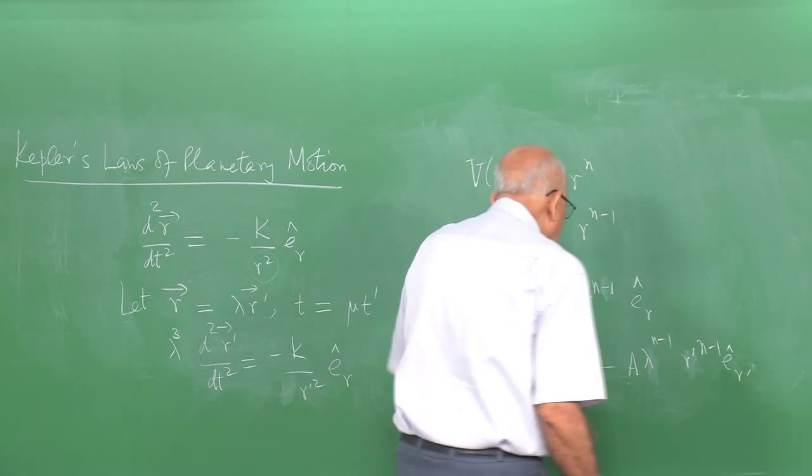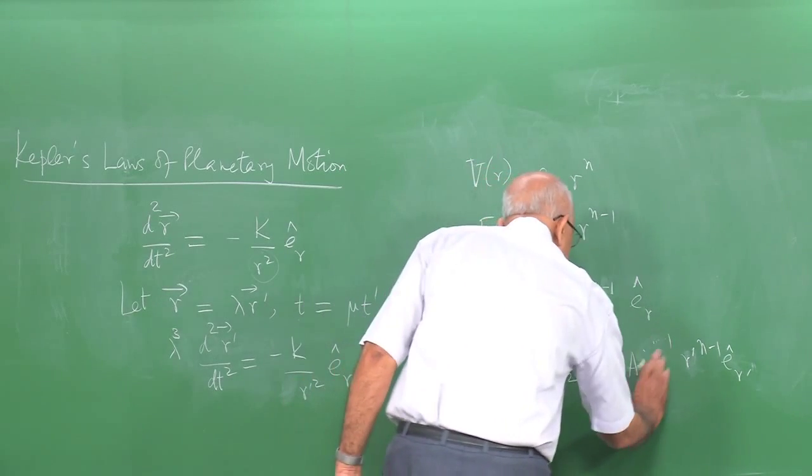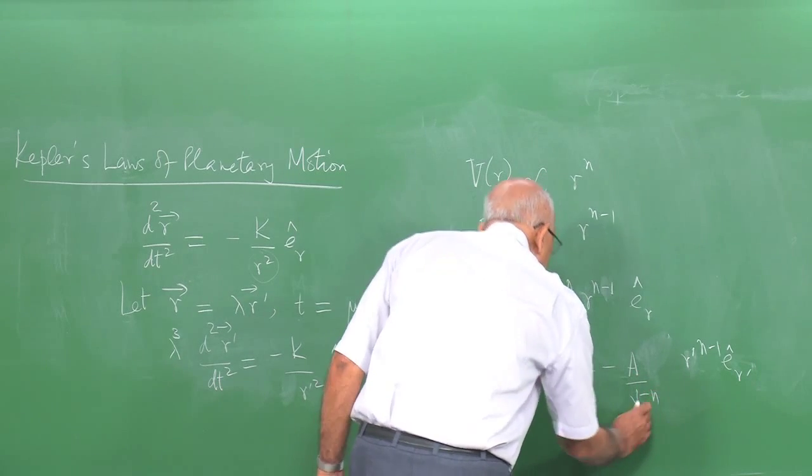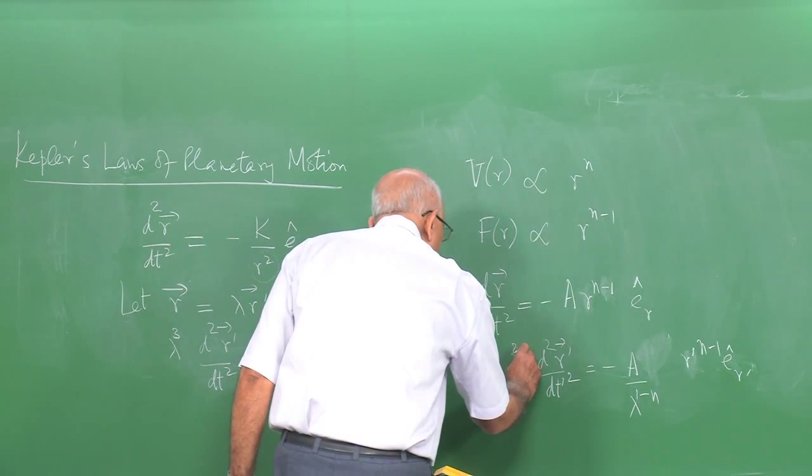So this is lambda to the n minus 1, so write it as 1 over lambda to the 1 minus n, and I multiply through here, so you get a 2 minus n.